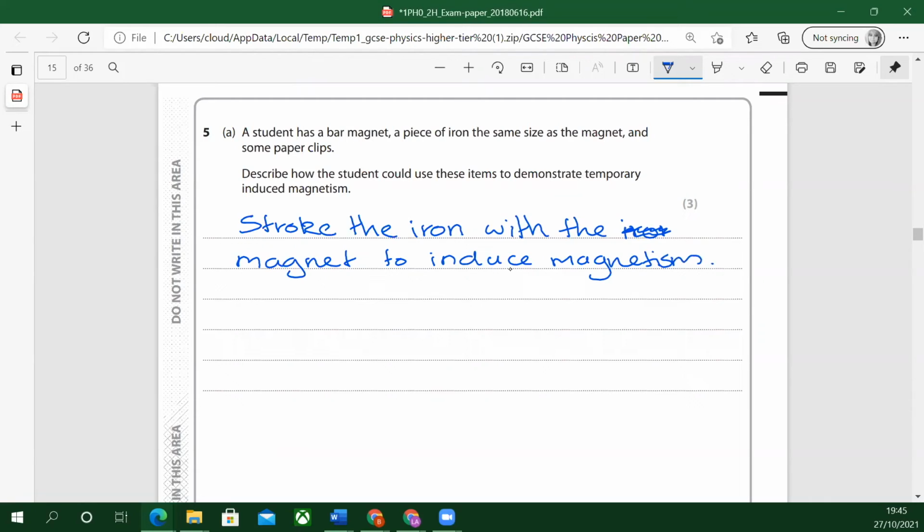Okay, so place the iron near paper clips. Okay, paper clips are attracted to the iron because it's now magnetic.